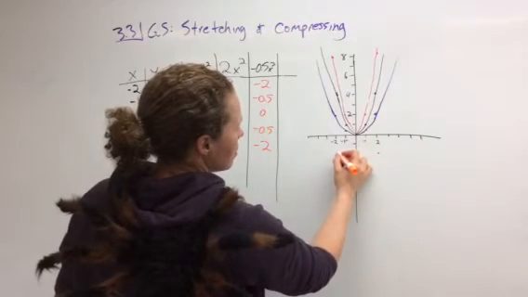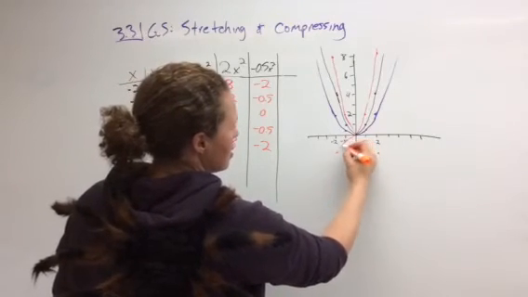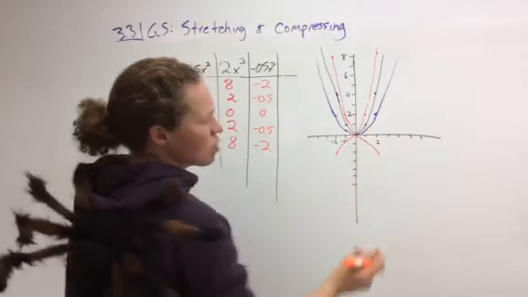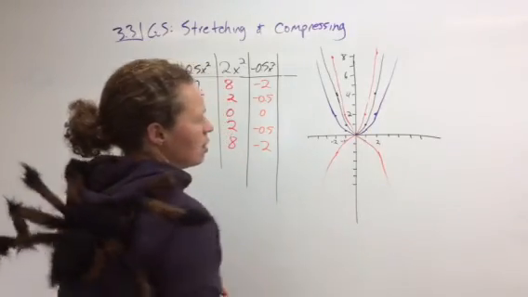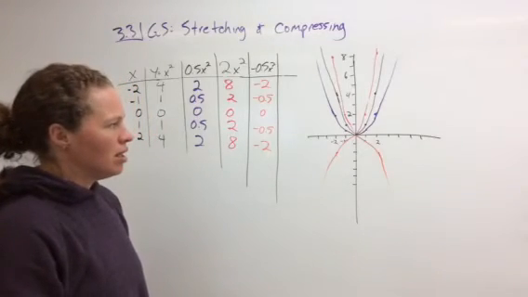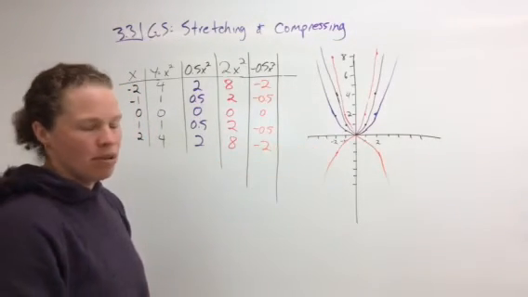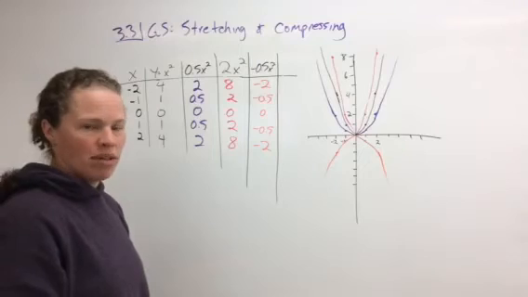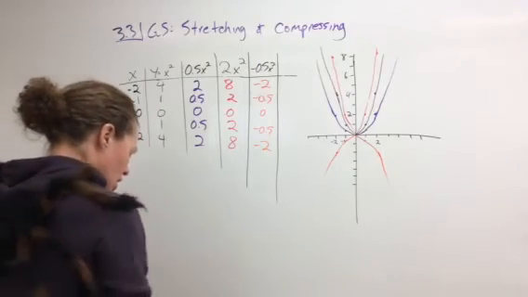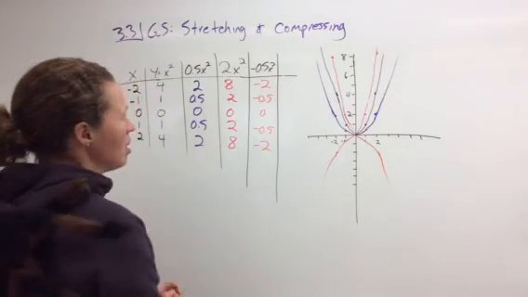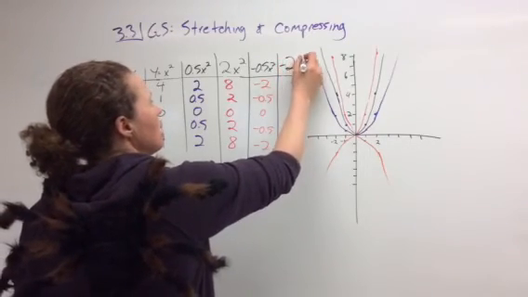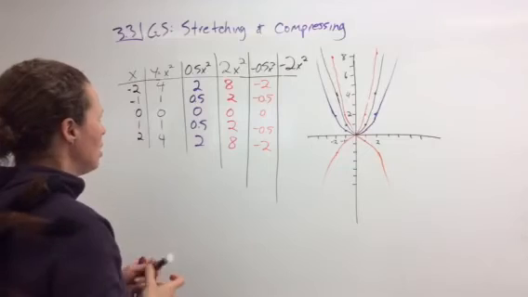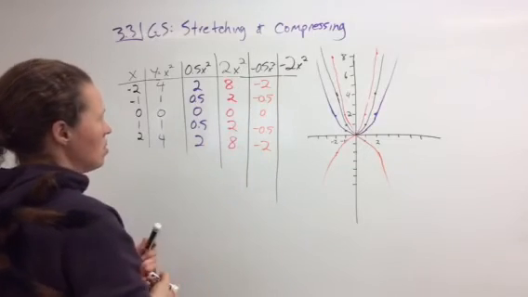negative 2, and I can see that I've got that squished version of the graph, but it's going the other way. So I can just keep that going, and the purple has been flipped because it was 0.5, now it's negative 0.5. And you can expect that the same thing's going to happen when you have a negative 2x squared. It's just that now these values are negative.